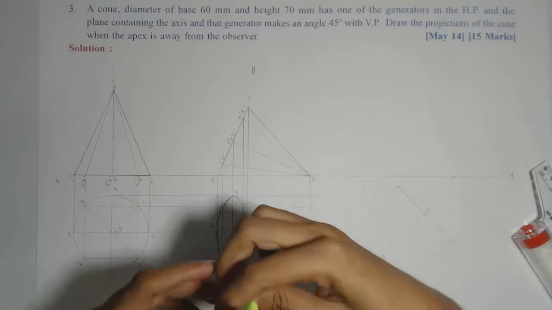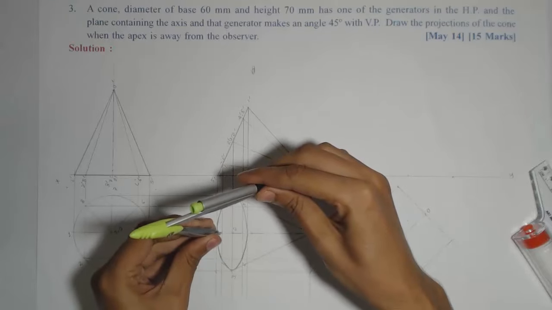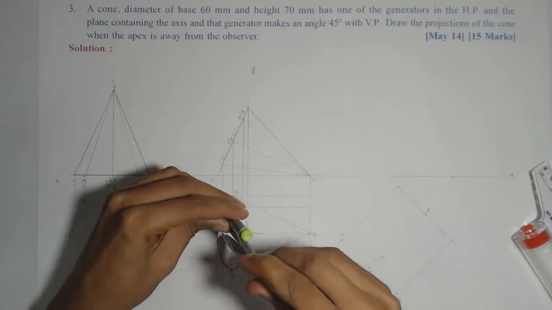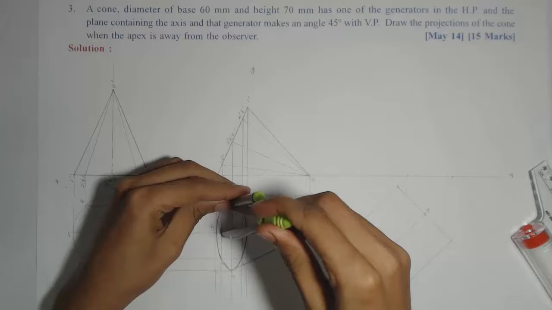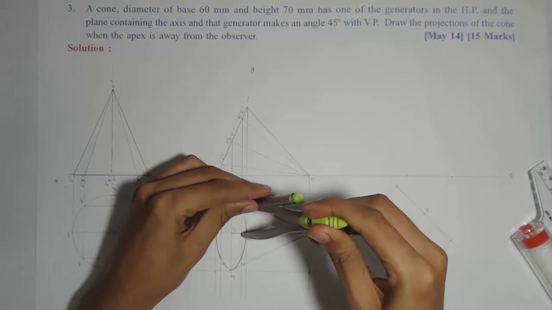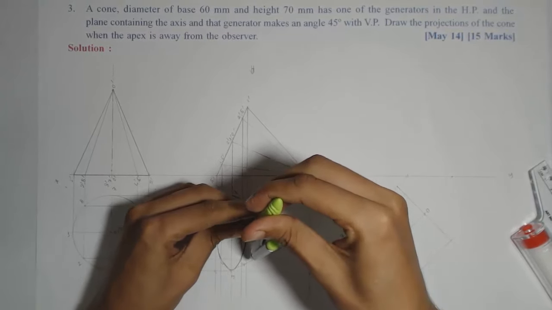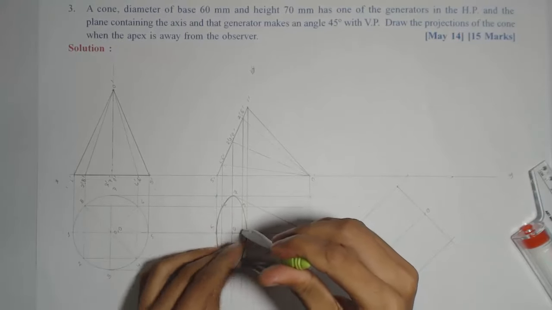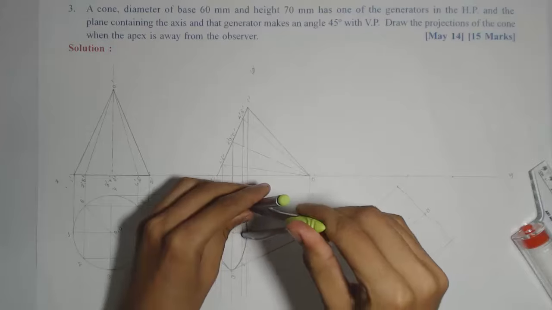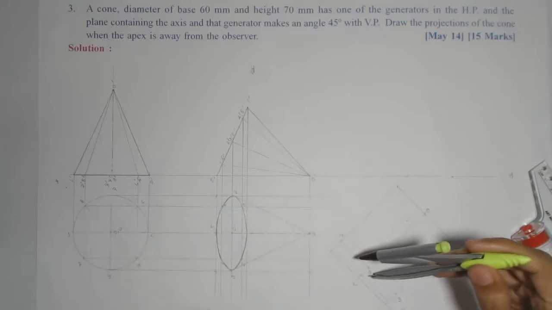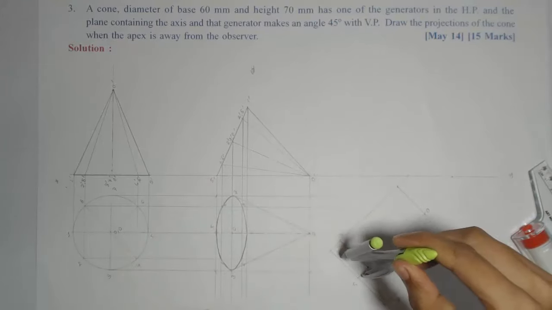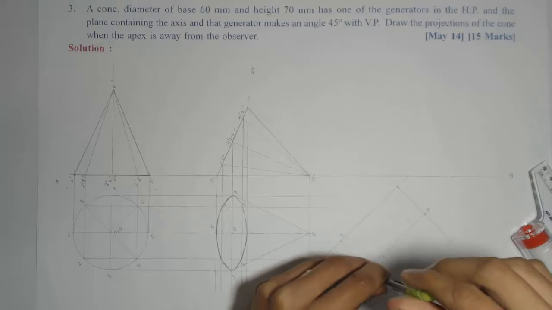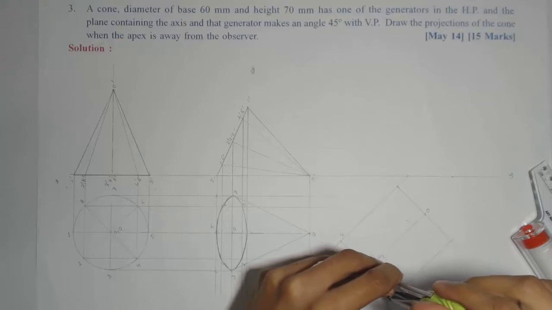Now for marking all the 4 points, we can mark them with the same distance, because from the center line they are at the same distance. You can check it here. They are at the same distance due to symmetry. So we'll mark all the 4 points with the same distance. From this center line, we'll cut 2 arcs, one on this side and one on the other side.